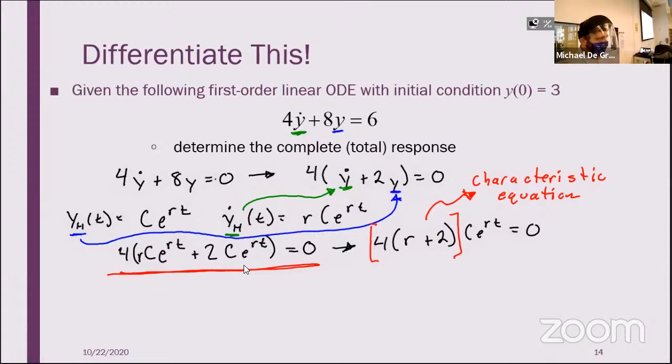That's my characteristic equation. From that, I can determine the roots, right? And because of the way that I've written this out, it should be very clear that, what's my root? It's one root, right? It's this first order system. We get one root. What is my root?